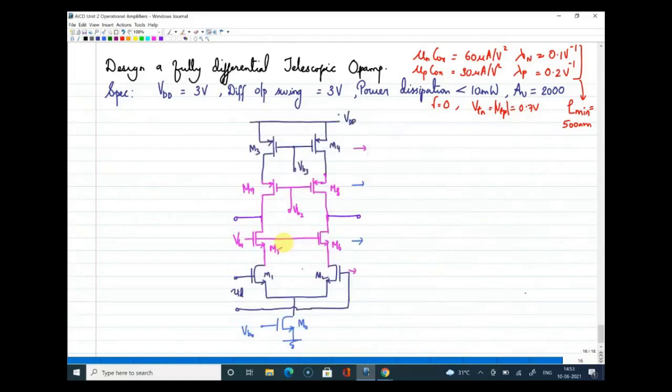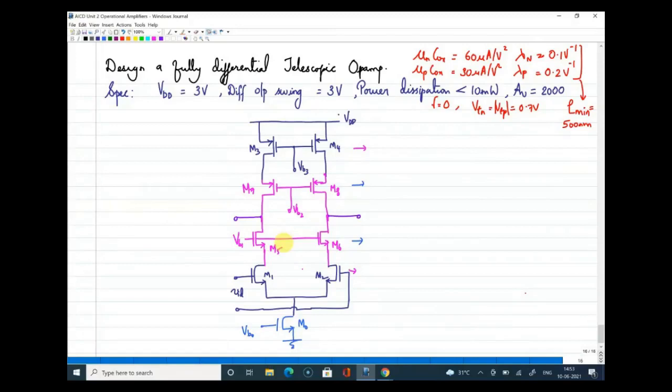All right. So this is the architecture, right? When we say design, as you all know, we will be trying to find the aspect ratio of the transistors.